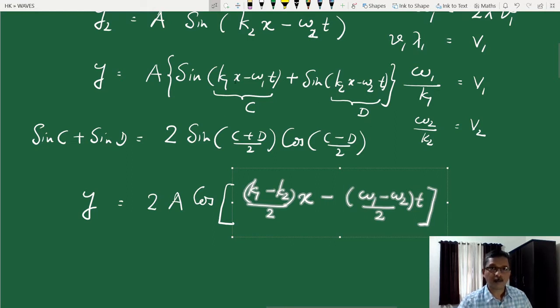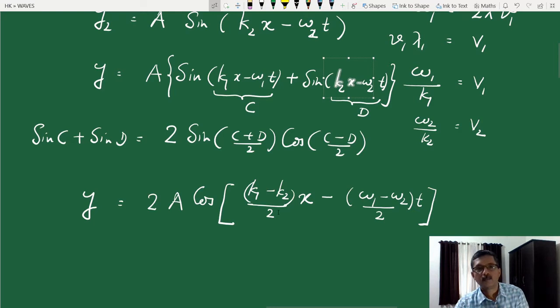In that, I combine the terms containing x: k1x minus k2x gives k1 minus k2 times x. The 2 in the denominator I have divided across both the x term and the t term. Then we have minus omega 1t, and minus of minus omega 2t gives plus omega 2t.